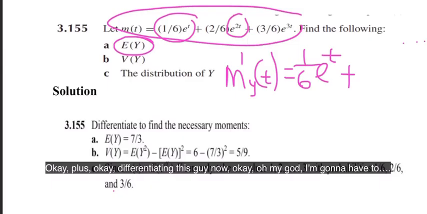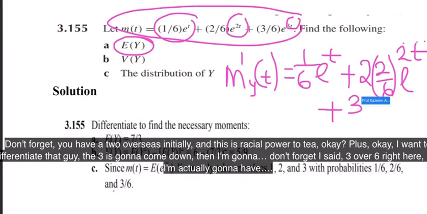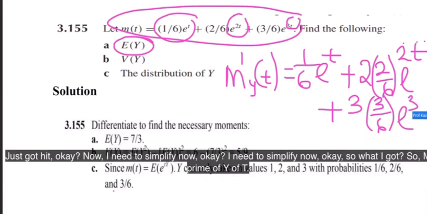differentiating this one, I'm going to have 2. Don't forget, you have a 2 over 6 initially, and this is e raised to power 2t, plus, differentiating that one, the 3 is going to come down. Don't forget that's a 3 over 6 right here. Now I need to simplify.